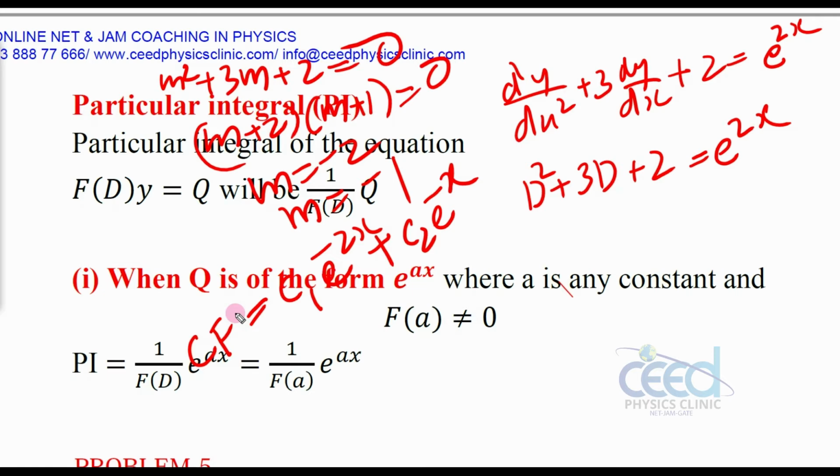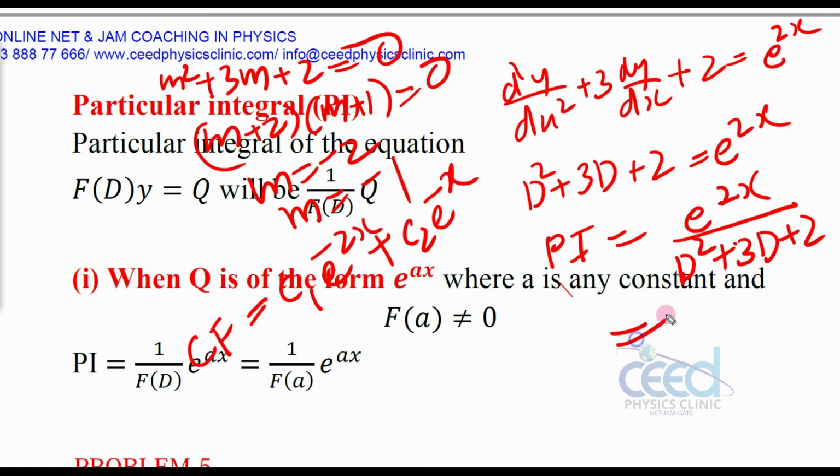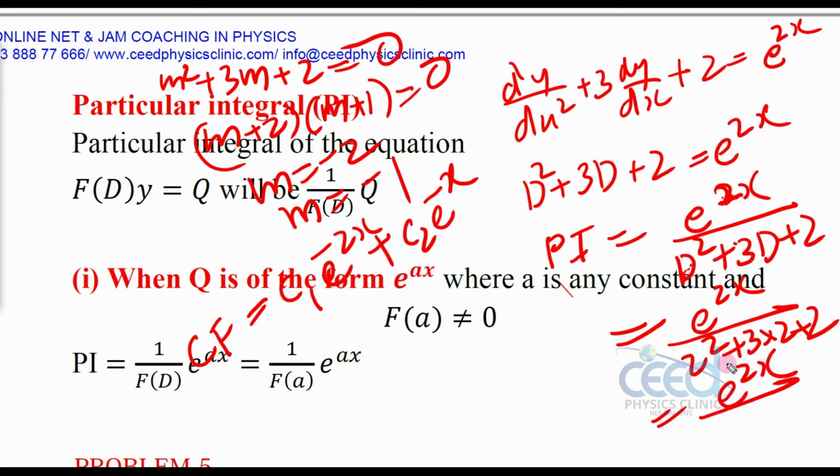So this we have to find out first, and for the second part, the particular integral, you have to write this as e^(2x) divided by f(D), that is D² + 3D + 2. Now you have to replace D. That's the method: in the e^(ax) format, this a you have to replace instead of D. That is e^(2x) divided by 2² + 3·2 + 2, that is e^(2x) divided by 4 + 6 + 2, that is 12.